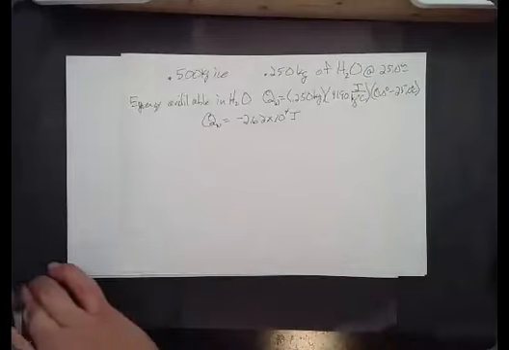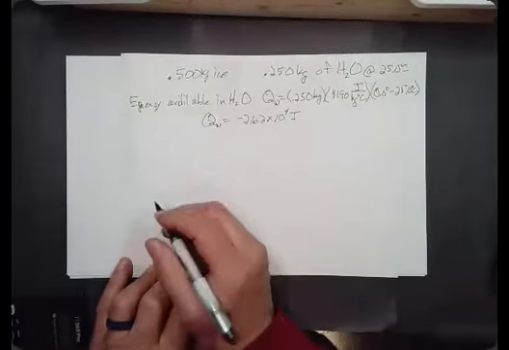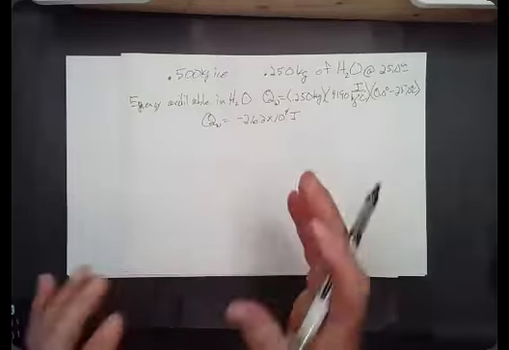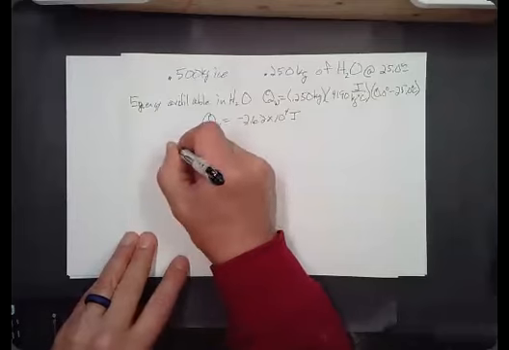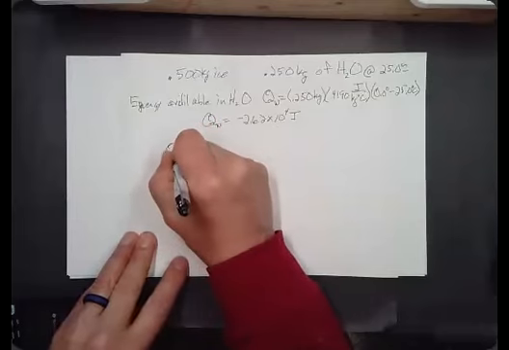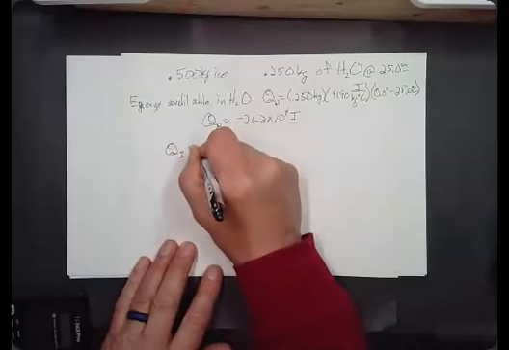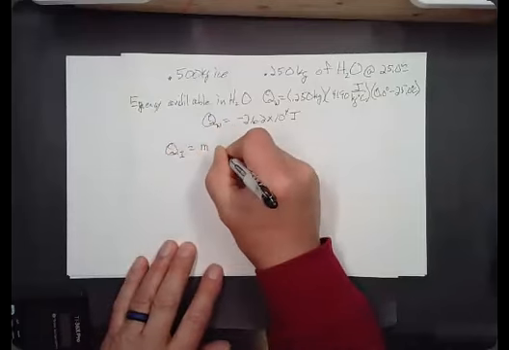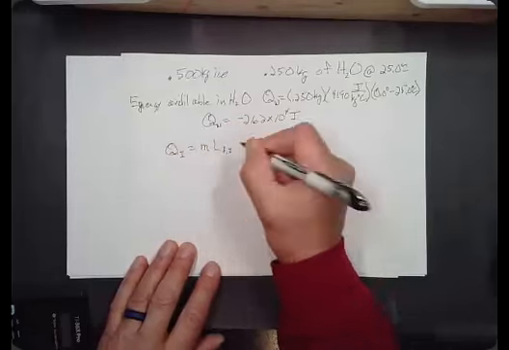So no surprise there. Okay, how much ice can I melt with that much energy that's been given to the ice? For melting ice, the heat flow into the ice is going to equal some mass of ice times the heat of fusion for the ice.